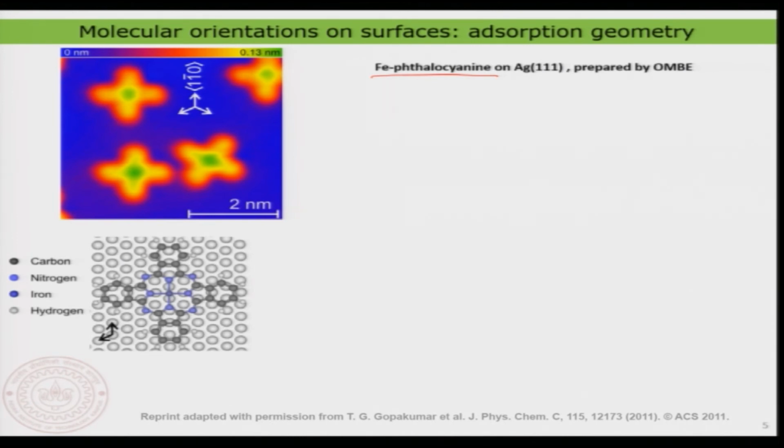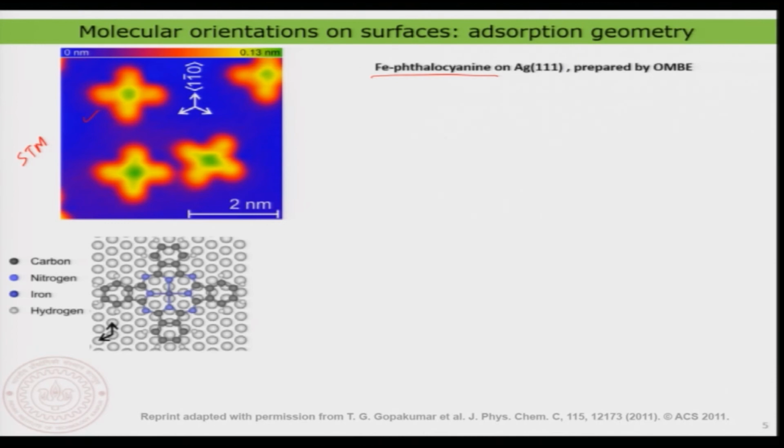Now, when you look at the molecule at a very low concentration, what you are seeing here is a single molecule in STM contrast. This is again a scanning tunneling micrograph where you can clearly see isolated molecules. It is all controlled by the coverage, and here you have a very low coverage.